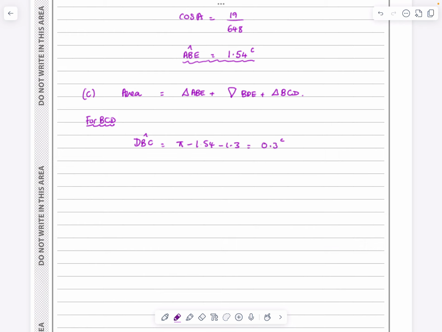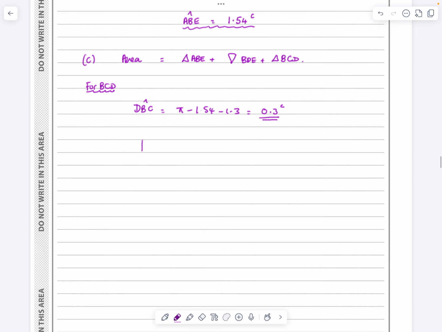Work that out on your calculator. That works out to be 0.3 radians. So then when I'm trying to work out the height and the base, I now know that this is 0.3. I know that this is 6, and so I can work out both BC and BD.